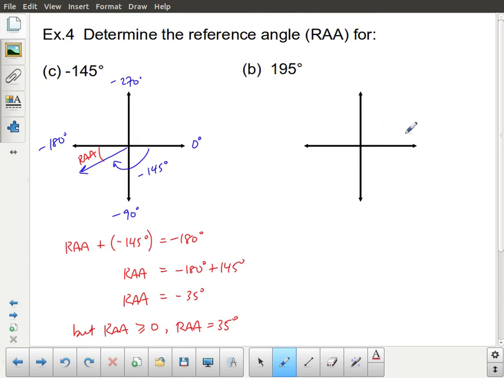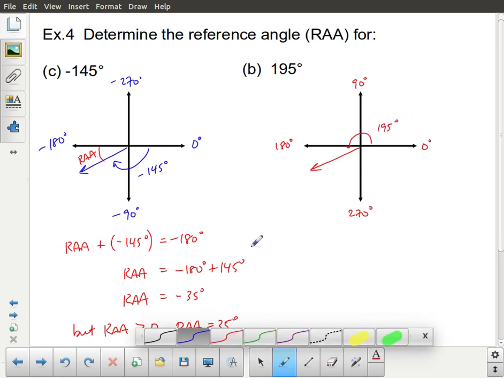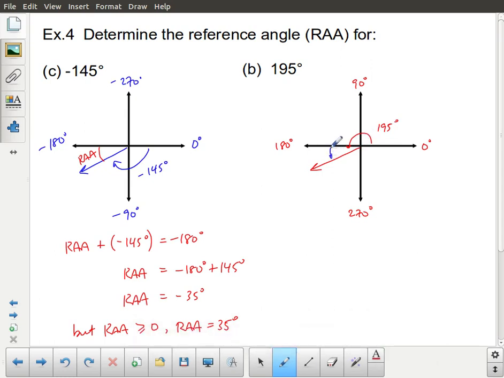What about this one? 195 degrees. That means I'm going to use positive angles for labeling. 195 degrees is a little bit past this 180, so it's there. 195 degrees. And now I need my related acute angle, which is here.